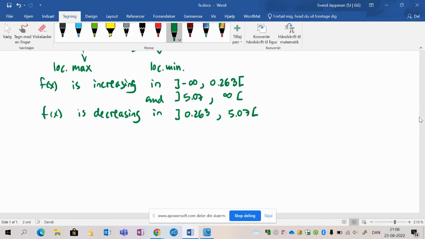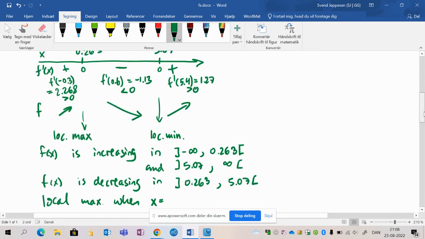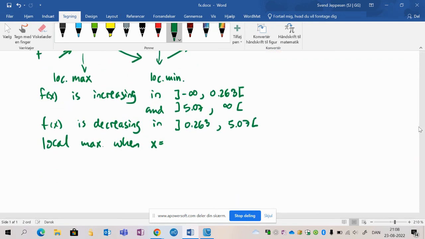And it has a local maximum when x equals 0.263, and it has a local minimum when x is 5.07. So that's about it, I guess.